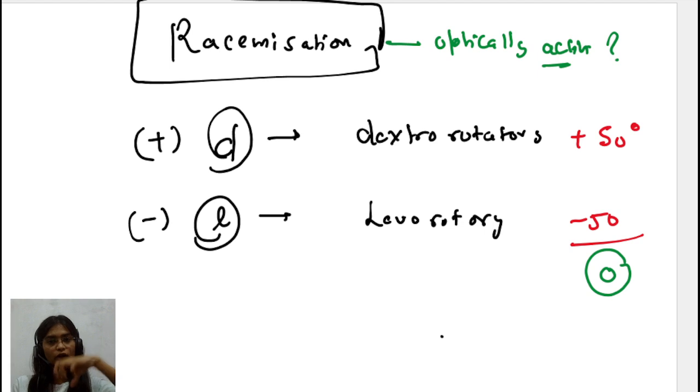One is rotating clockwise, one is anti-clockwise, so plus 50 and minus 50 combined become zero. Zero means no deflection. In a polarimeter, the observed rotation would be zero. It means the plane polarized light does not rotate the plane here. So it is optically inactive.